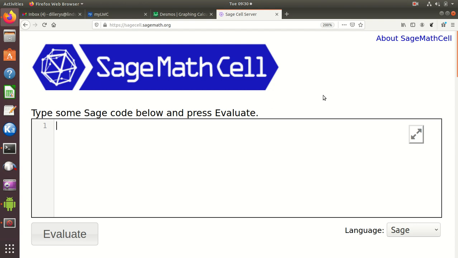If I go in here and I say var x, so I've just defined x as a symbolic variable.